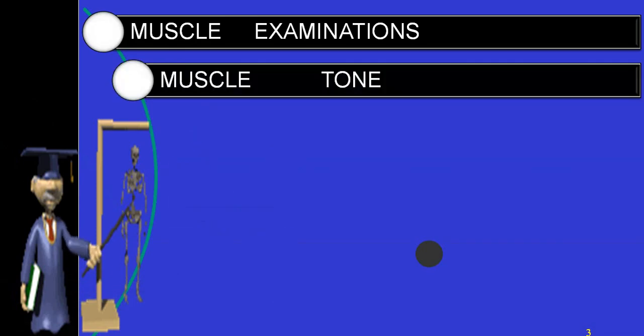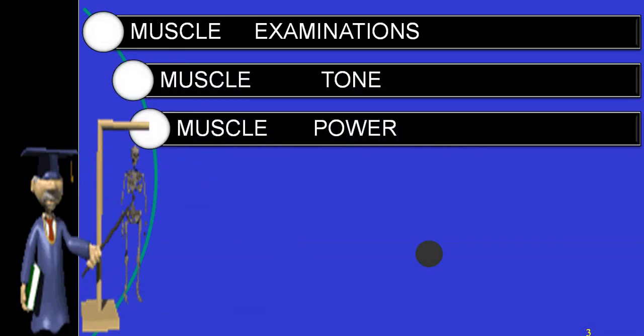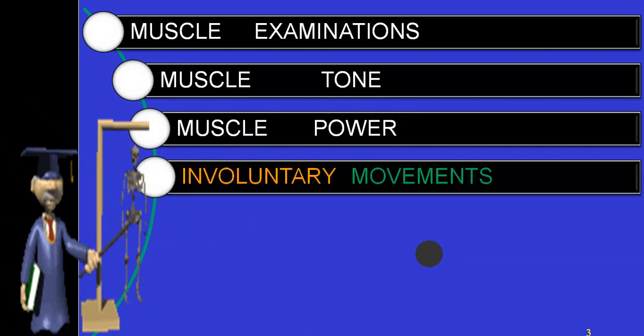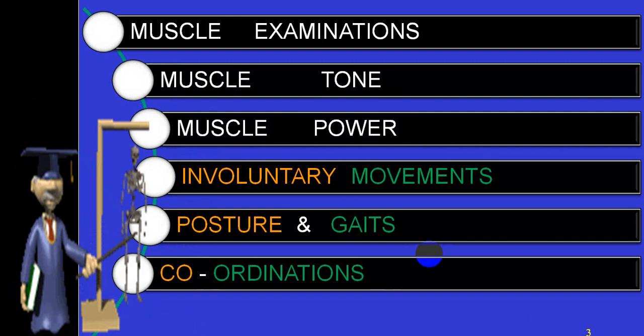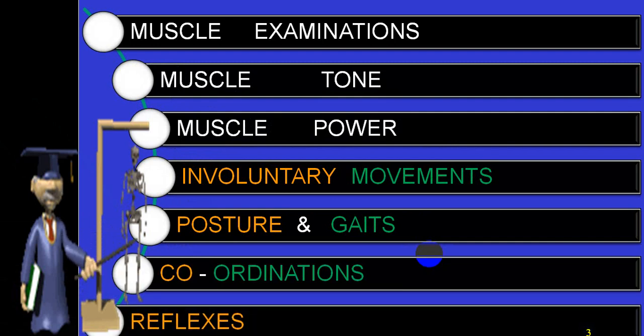So we'll be discussing under muscle examination. Motor system will include muscle examination, tone, power, involuntary movements, posture and gait, coordination, and reflexes. Involuntary movement, posture, gait, coordination, and reflexes we will be discussing in a separate chapter.